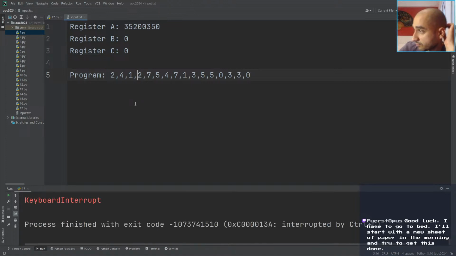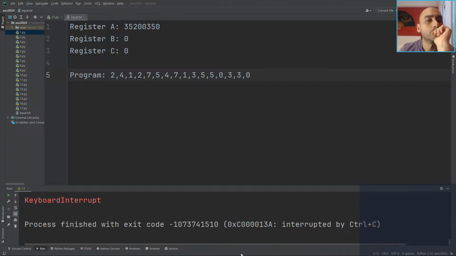Guess we just have to follow this program along and see what it's doing. Or can we... Alright, let's just follow the program along. Get some idea for what's going on.